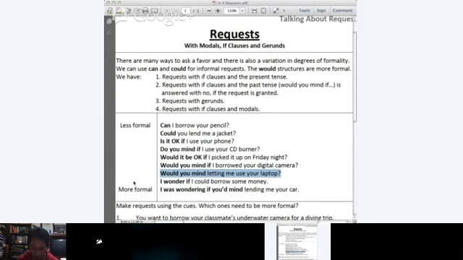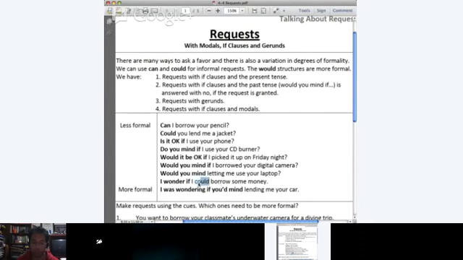All right. Next one. I wonder if I could borrow some money. The fourth one, if clause and modals. Excellent. So it's an if clause: I wonder if, and then it's a modal. What is the modal verb in this request? Could. Good. So modal verbs are verbs that modify other verbs.